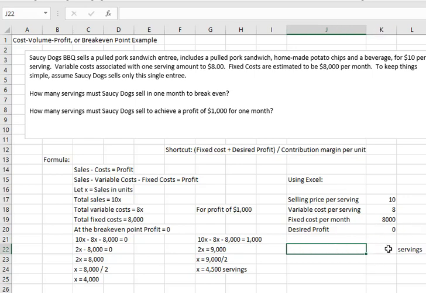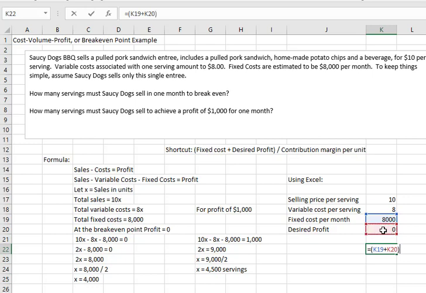All right, so what I've done here is I've got my data. Here's the selling price, variable cost per serving, the fixed cost, and desired profit; break even is 0. So I'm going to set up a formula here based on my shortcut, which is I'm going to do paren, fixed cost plus profit, close paren, okay?